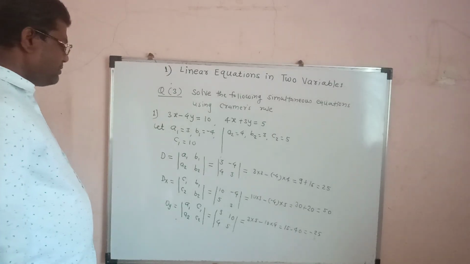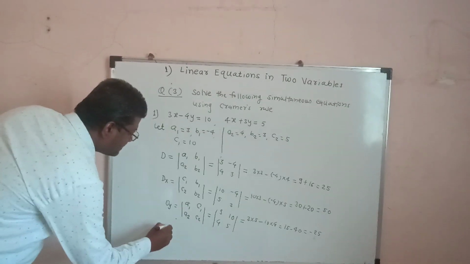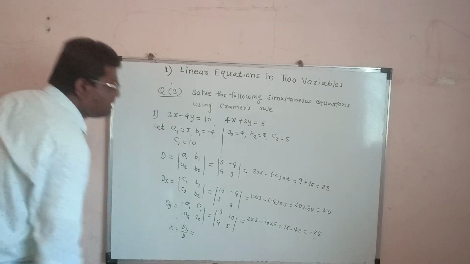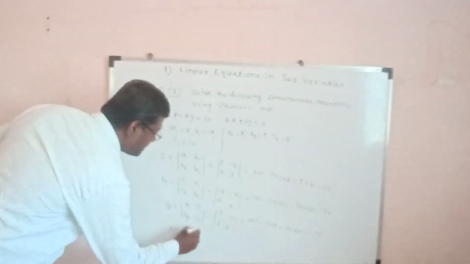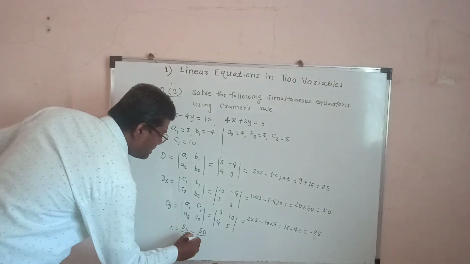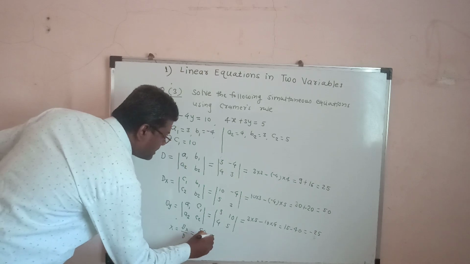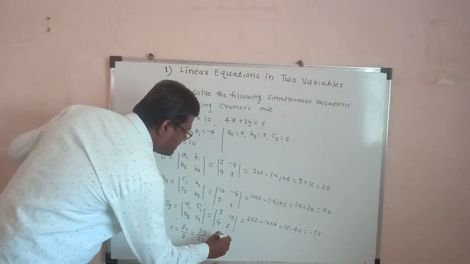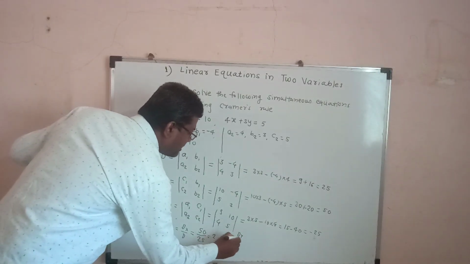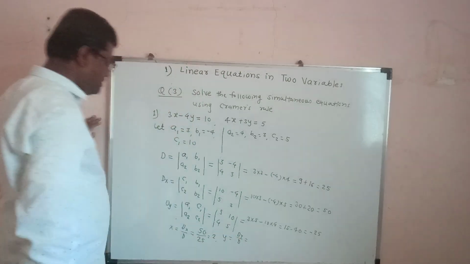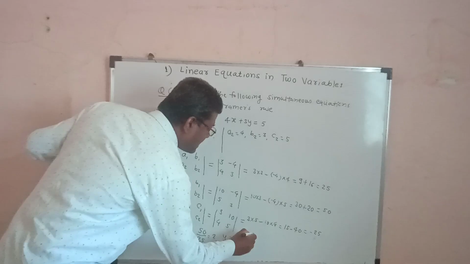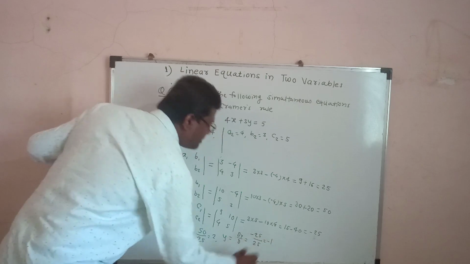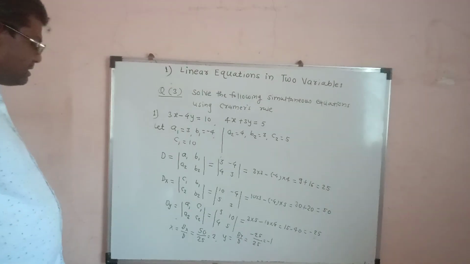Now let us find the value of x. So x is equal to Dx by D. The value of Dx here is 50 and the value of D is 25. Therefore 50 upon 25 is 2. Let us find the value of y. Y is equal to Dy by D. The value of Dy is minus 25 and D is 25, so minus 25 upon 25 is minus 1.